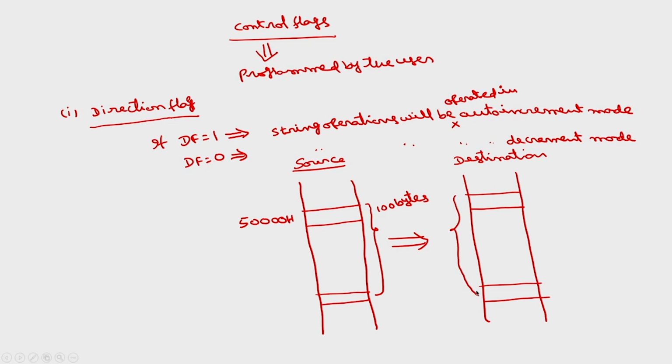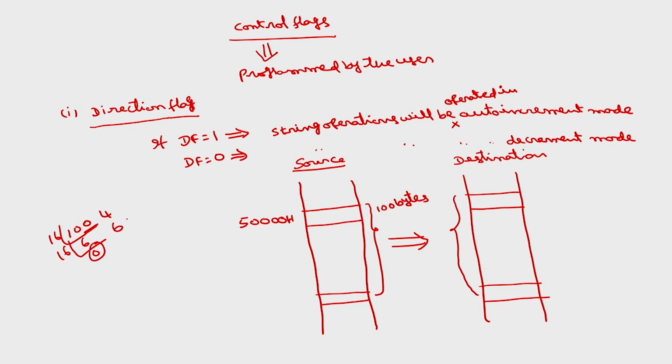If it is 100 bytes decimal, and the starting address is 50,000, what will be the ending address? What is the hexadecimal equivalent of 100? 16 sixes are 96, 4 is the remainder; 16 zeros, 6 is the remainder.